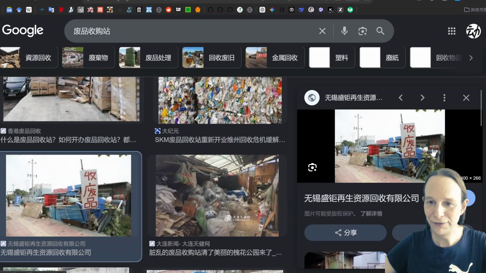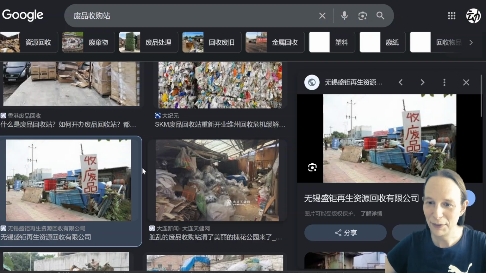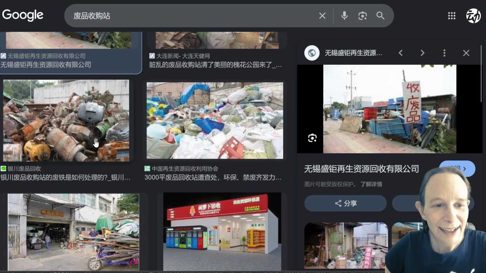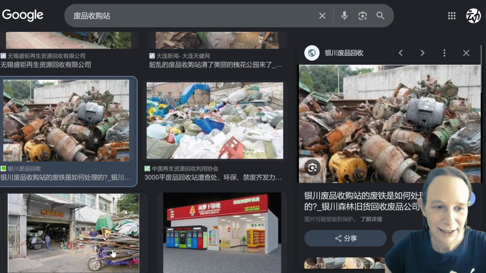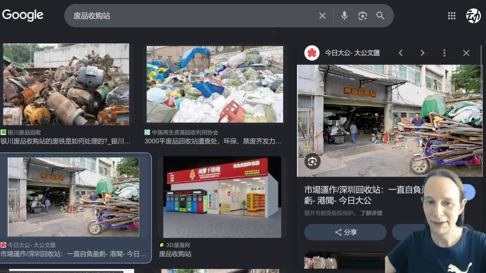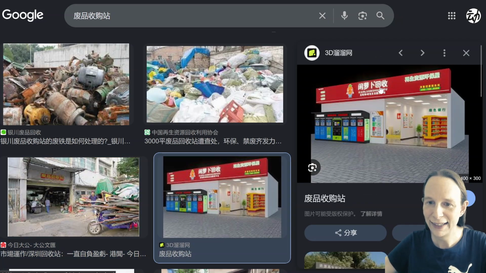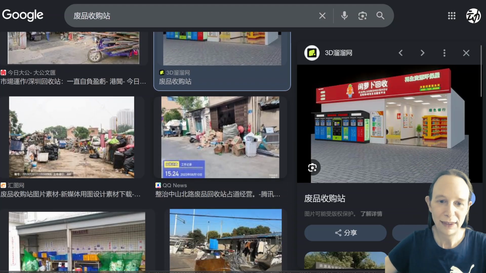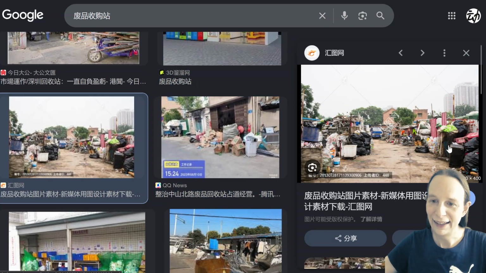Okay, 收废品. Not particularly good calligraphy there, eh? 收废品. So we're collecting 废品, damaged goods, but presumably we're going to sell them. 咸萝卜回收. Recycling. This looks really clean. This is more what I would expect.